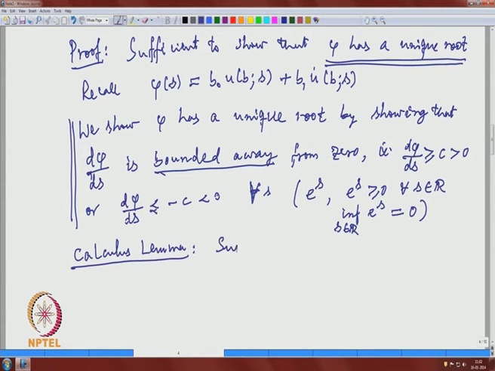So, suppose phi from R to R be such that d phi by ds is bounded away from 0.